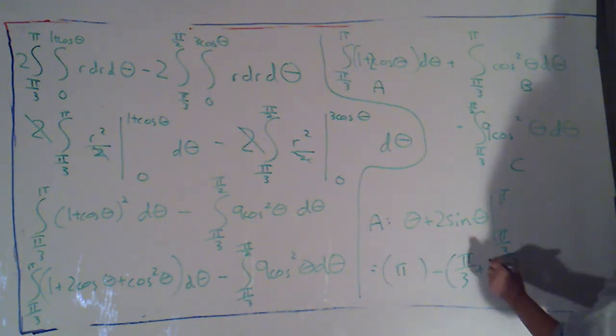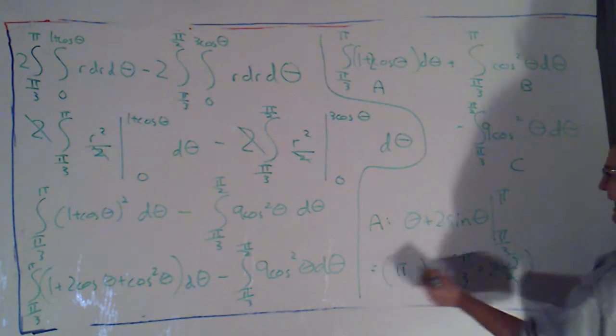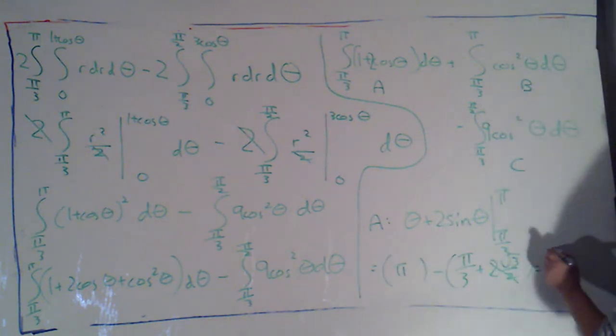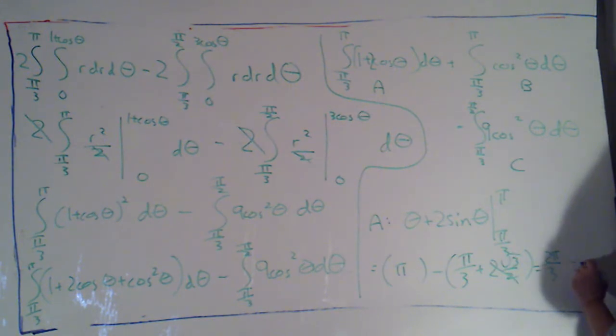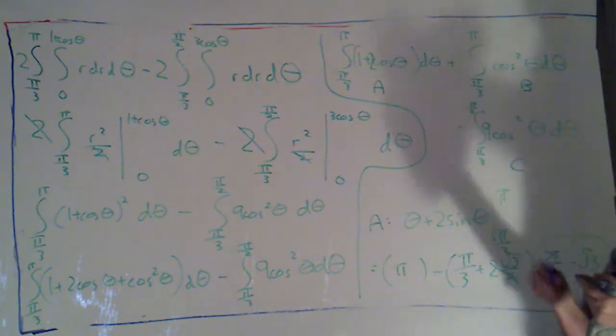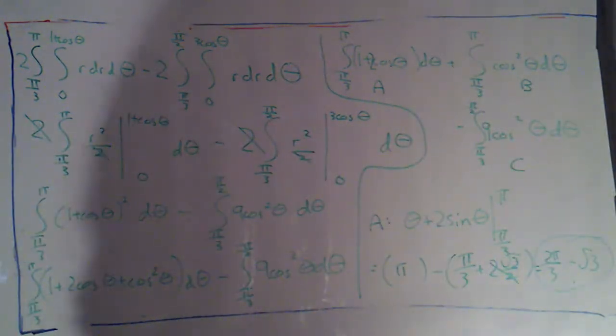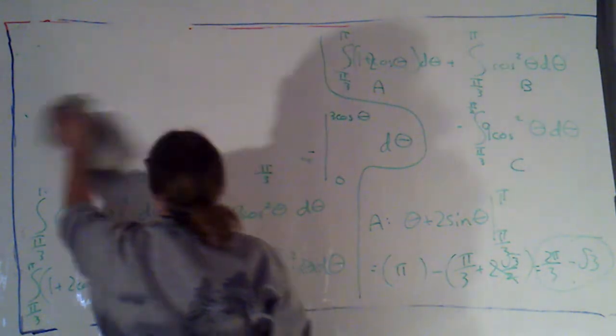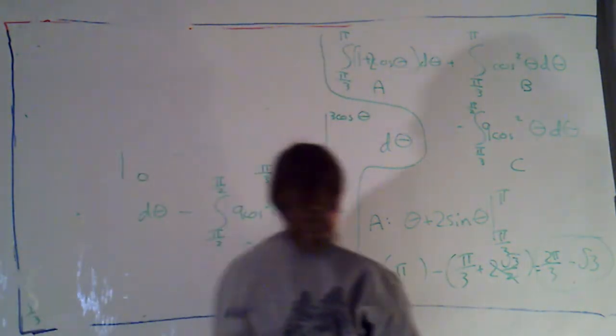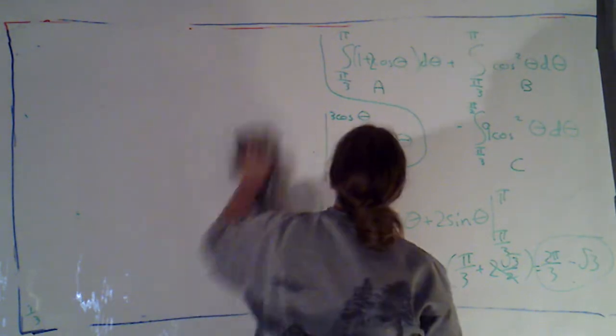So, let's see, those 2's will cancel. Pi minus pi over 3, that's going to give me 2 pi over 3, and then minus root 3. So that's what I get from part A, and then we've still got to do B and C. So let's give ourselves some space.